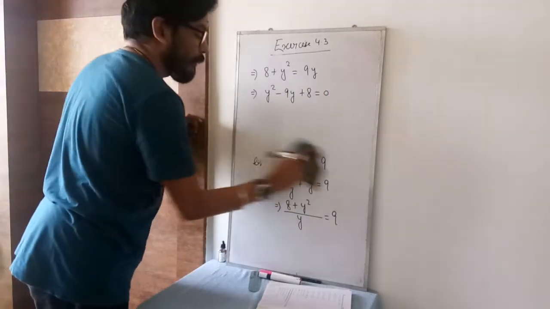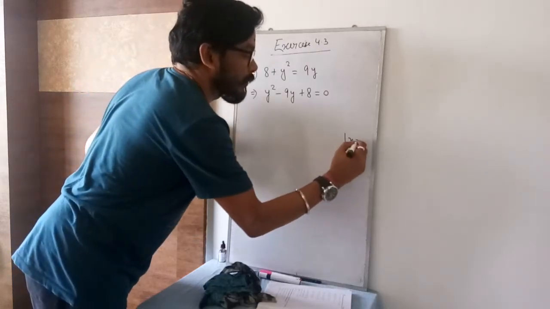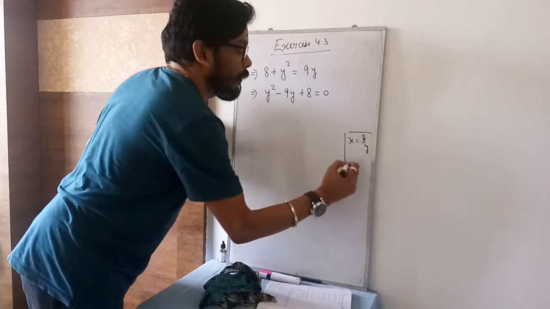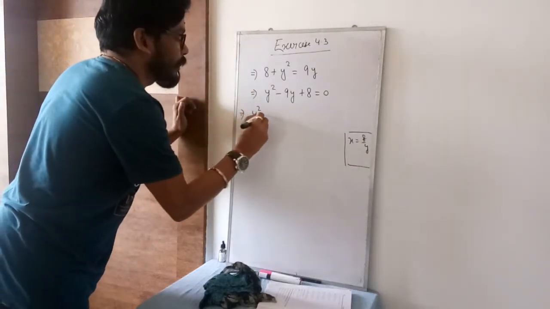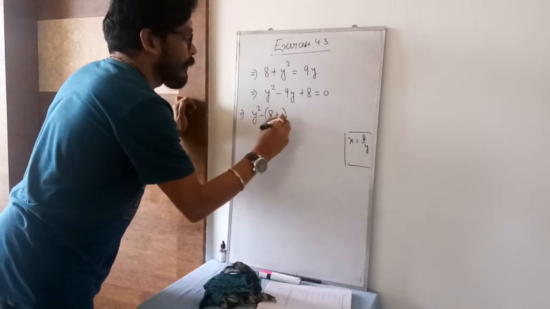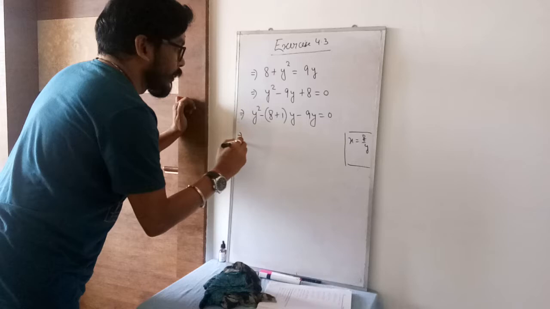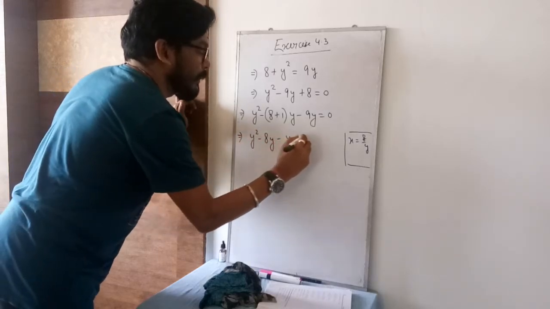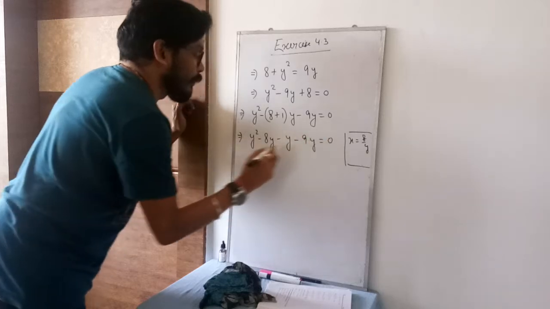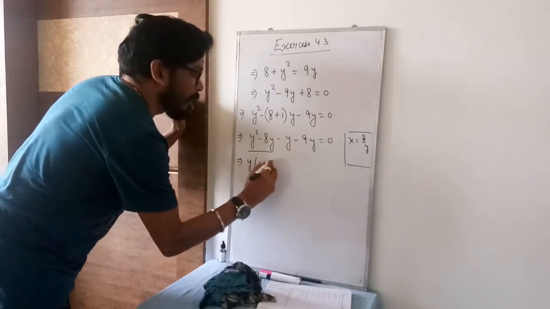Okay. So here you can split the middle term. Y square minus 8y minus y plus 8 equal to 0. So from the first two you can take common y, y minus 8.